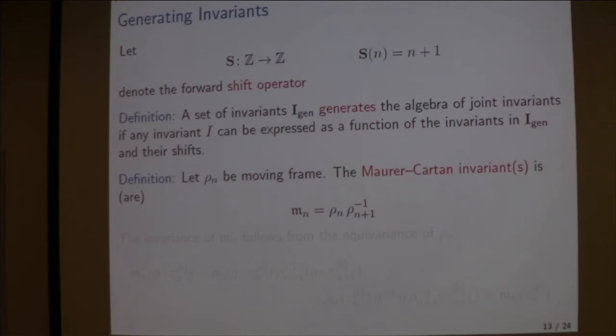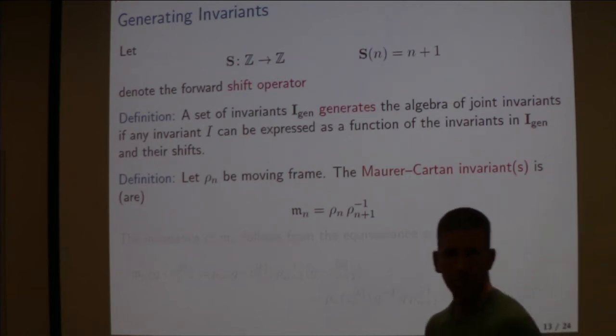Then I could divide or multiply by another invariant, which would be xn plus 2 minus xn. The difference between two x's is always an invariant in our example, so I can take the quotient of two invariants and it will remain an invariant. I can add two invariants and it remains an invariant. So the usual product and the usual sum.